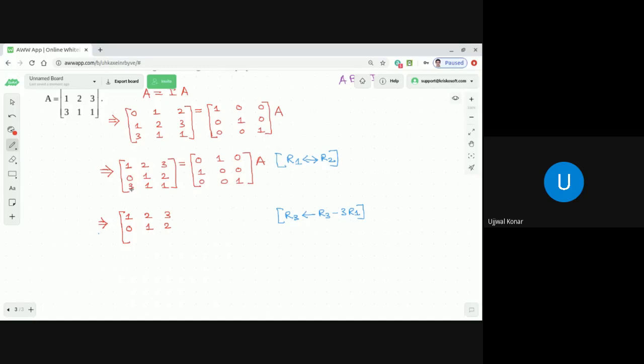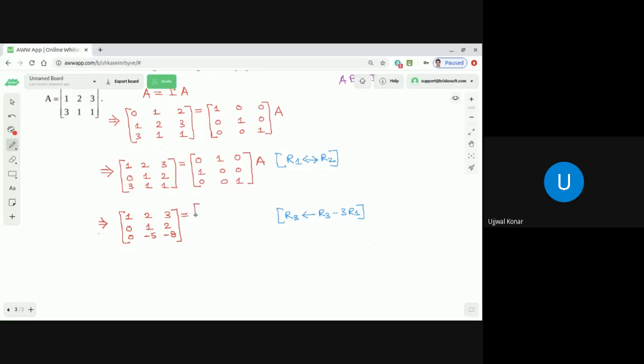That means the new element is 3 minus 3 into 1, which is 0. Then 1 minus 3 into 2, that is minus 5, and 1 minus 3 into 3, that is minus 8. Correct, my dear students? So that is the new row 3.